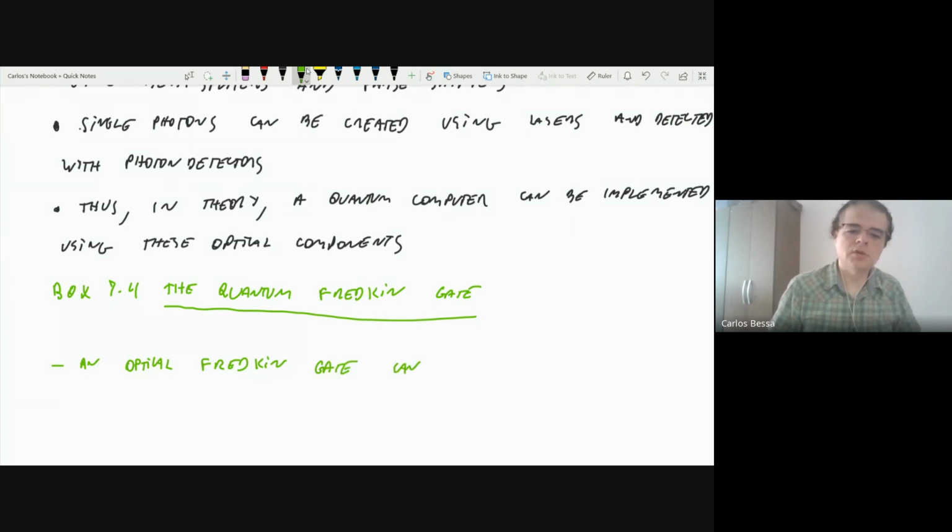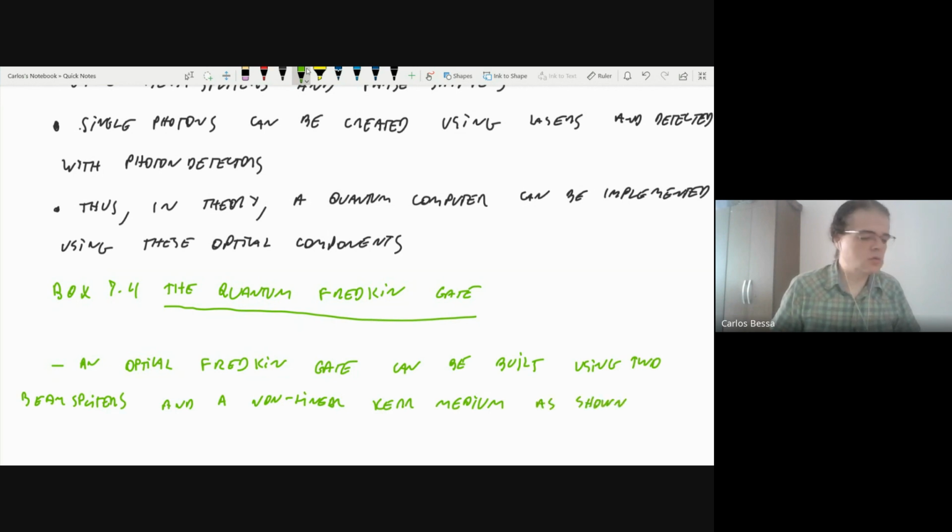It can be built using two beam splitters and a nonlinear medium, as shown in the diagram.